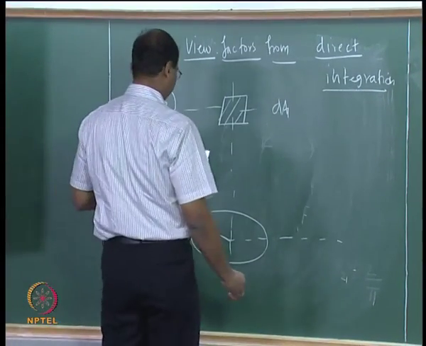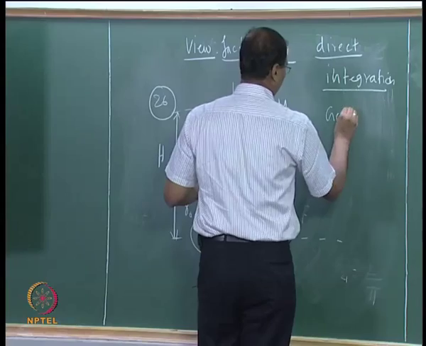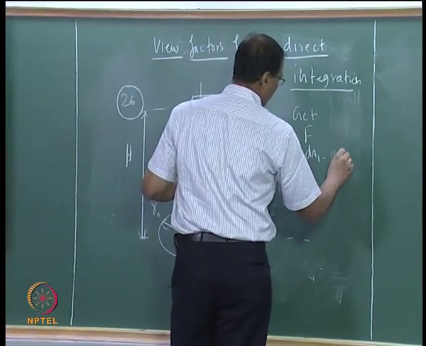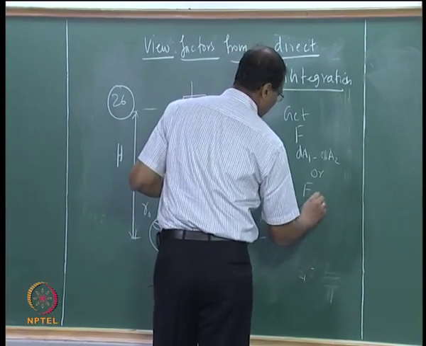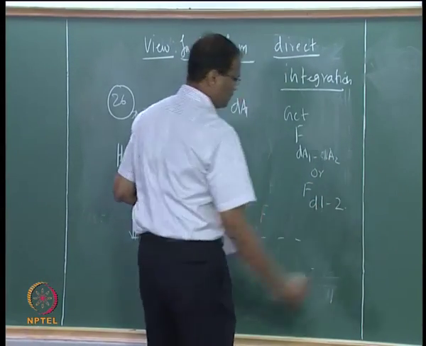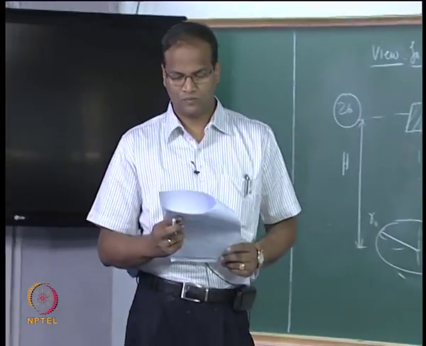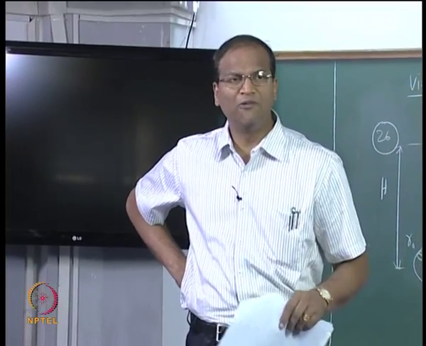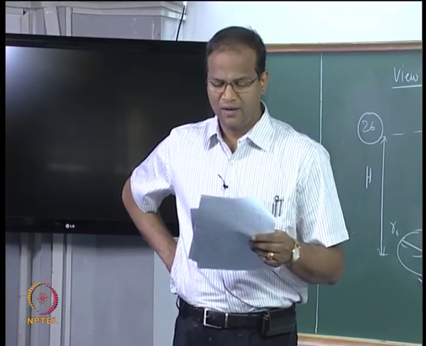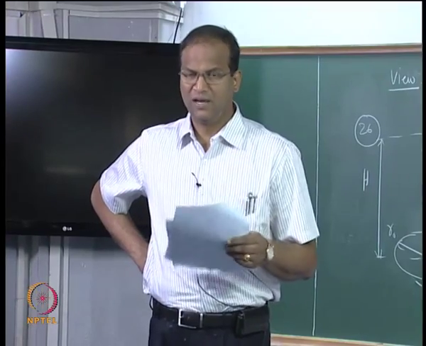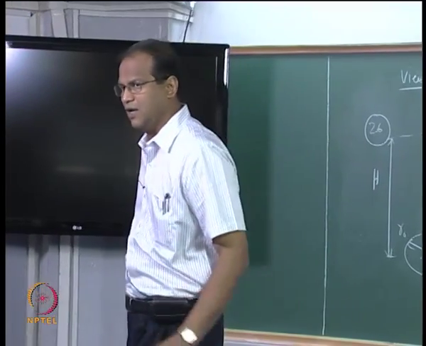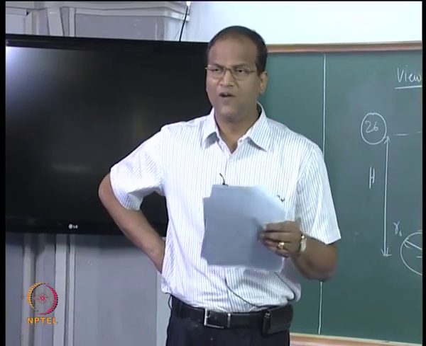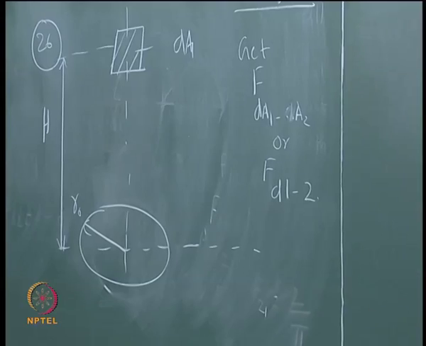So the problem can be posed as: determine the view factor dF12 between a differential area above a disk and a finite disk of radius r naught. Determine the view factor d1 dash 2. Why did I say d1 dash 2?